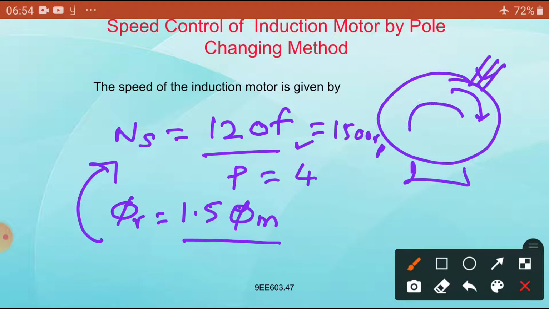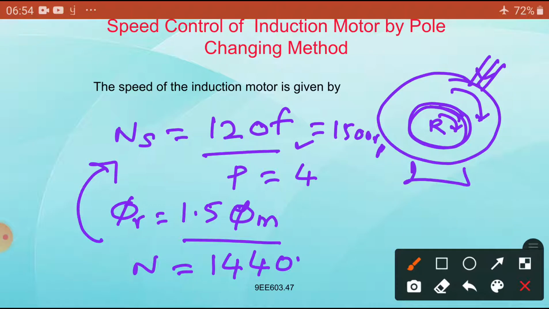But our rotor tries to catch this, but due to its weight and losses, it never reaches synchronous speed. Hence our rotor speed may be N is equal to 1440 rpm. This is the actual rotor speed, and this is the magnetic field speed.